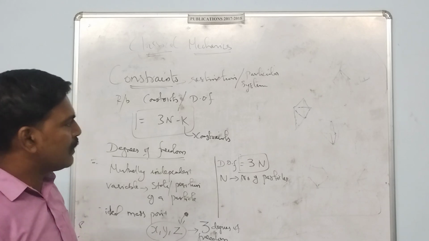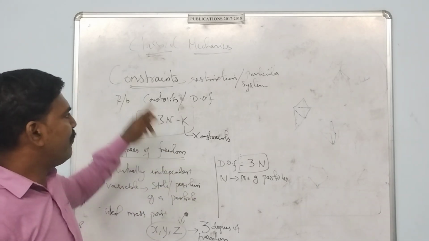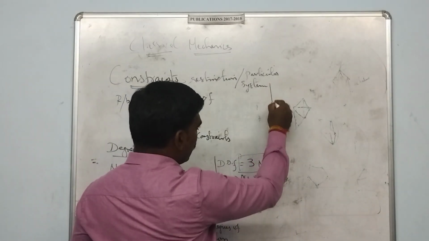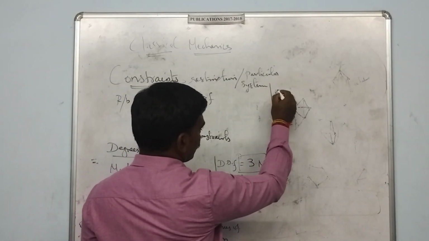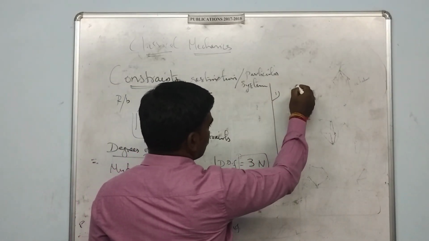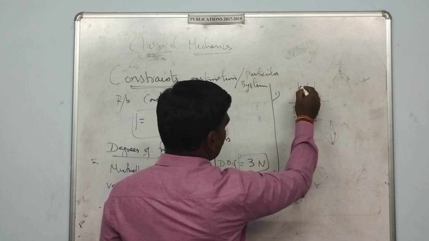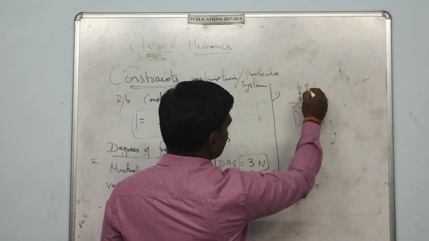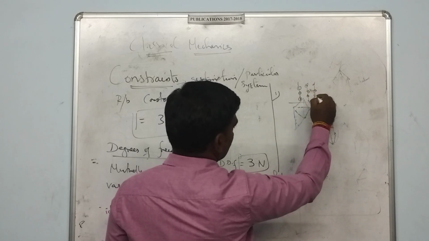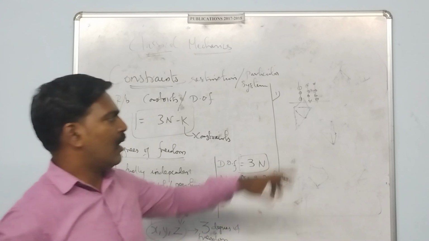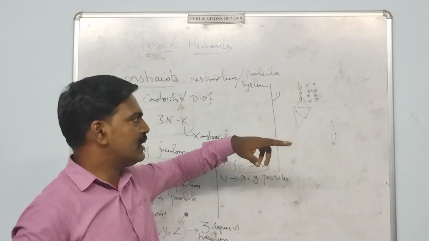Now we'll look at a few examples for clarifying the concept of constraints. Beads on an abacus: you consider the abacus, there are beads, which indicates there is a restriction on the movement of the beads. What is the restriction?